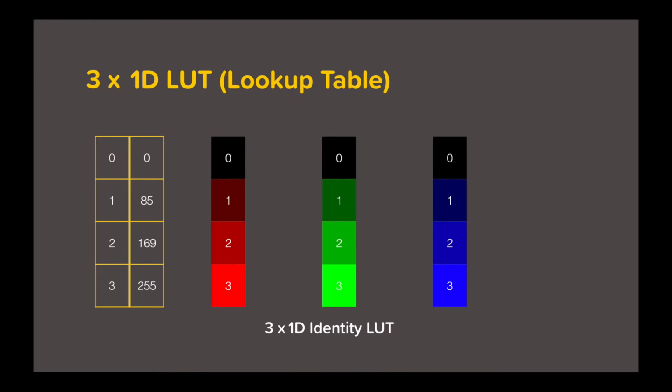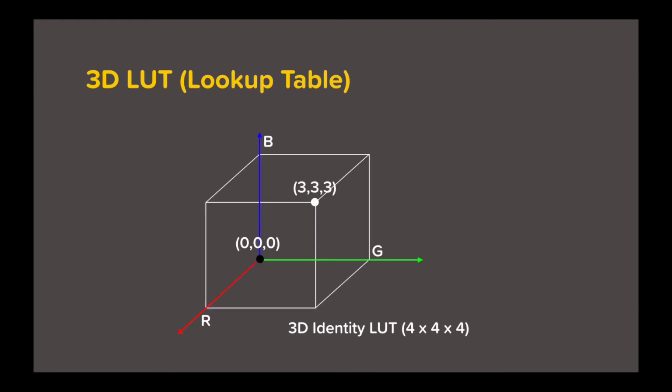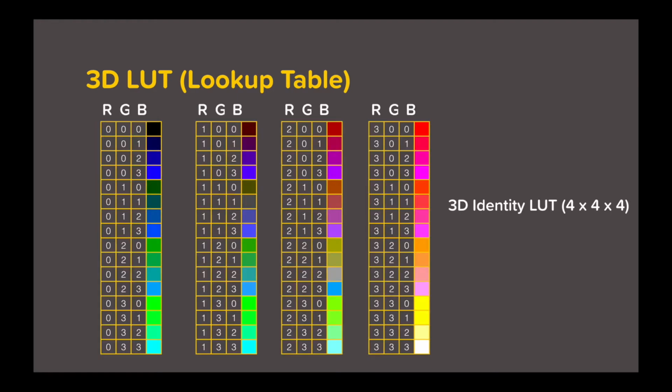But this is actually not what we need. What we instead need is, for each combination of RGB values, to map to a value in this 3D range. So instead of 3 different tables, what we need is one 3D lookup table. This is how it's going to look.